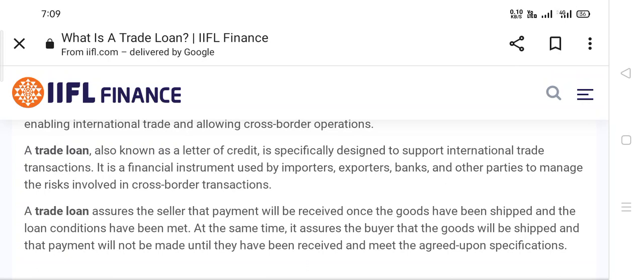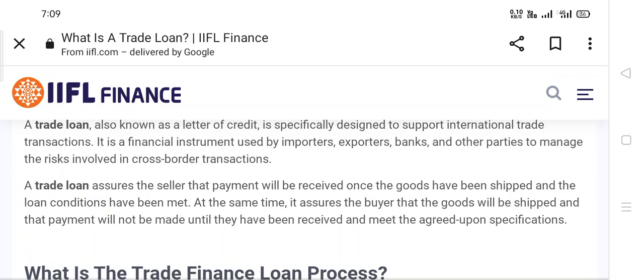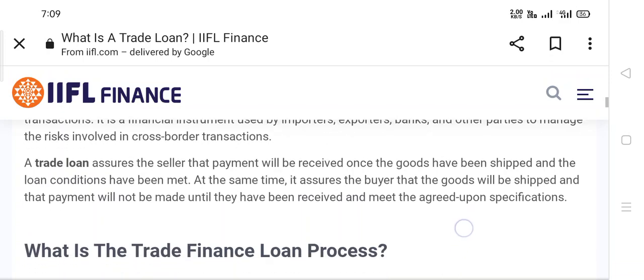At the same time, it assures the buyer that the goods will be shipped and that payment will not be made until they have been received and meet the agreed upon specifications.